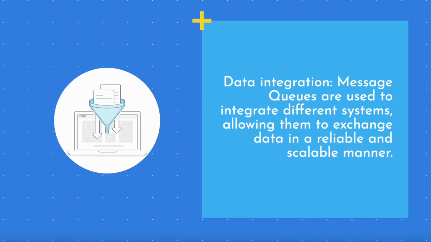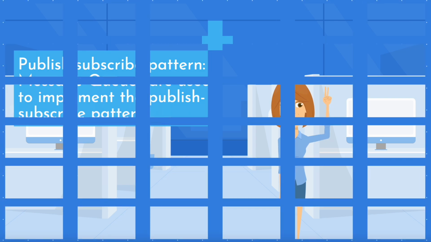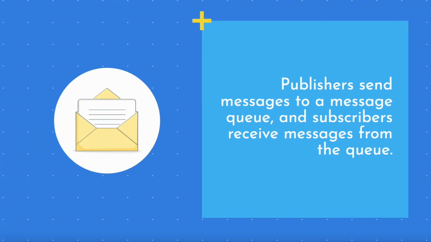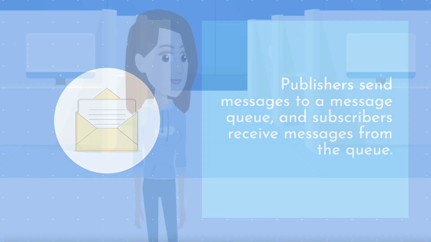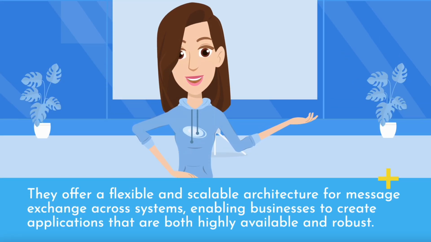Message queues are used to integrate different systems, allowing them to exchange data in a reliable and scalable manner. Publish-subscribe pattern. Message queues are used to implement the publish-subscribe pattern. Publishers send messages to a message queue, and subscribers receive messages from the queue. These are only a handful of the numerous applications for which message queues are used. They offer a flexible and scalable architecture for message exchange across systems, enabling businesses to create applications that are both highly available and robust.